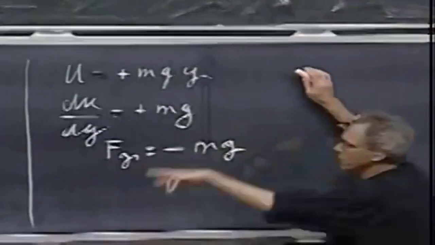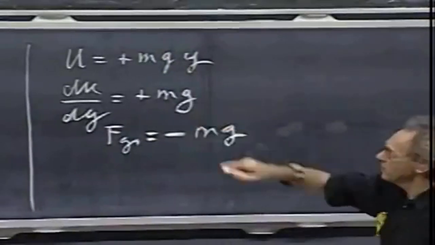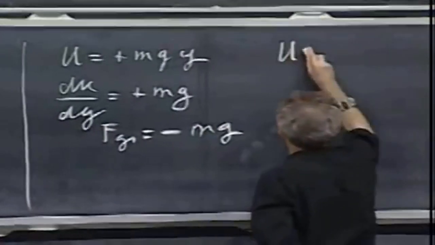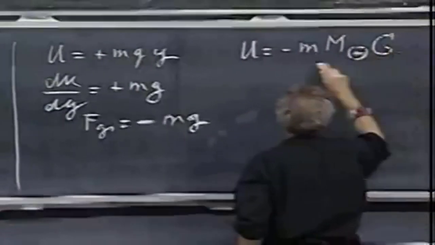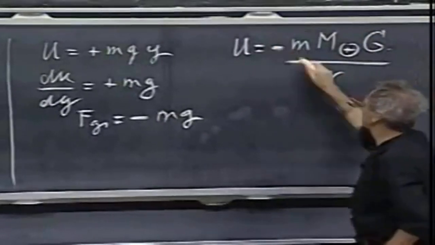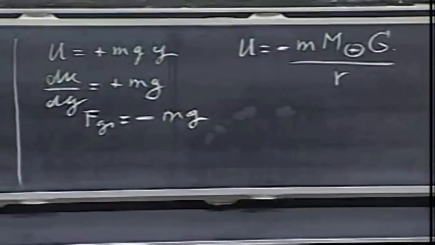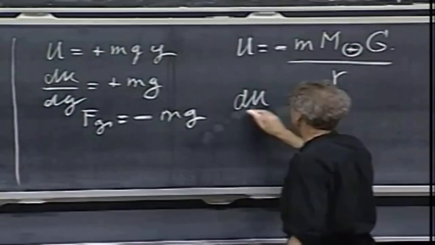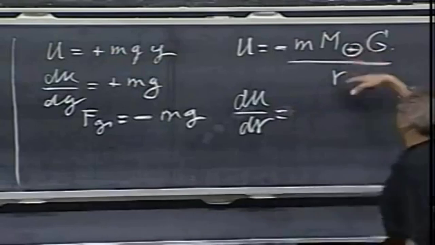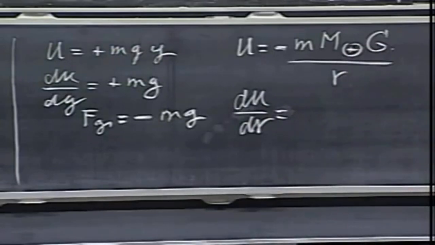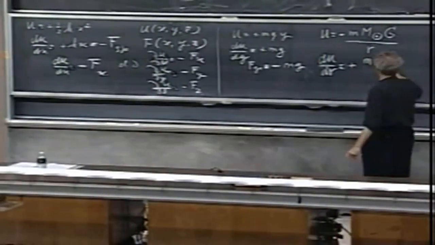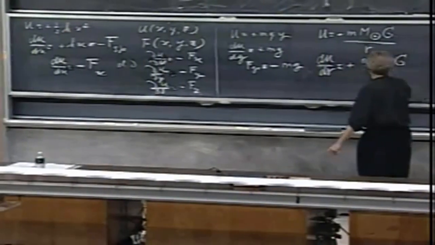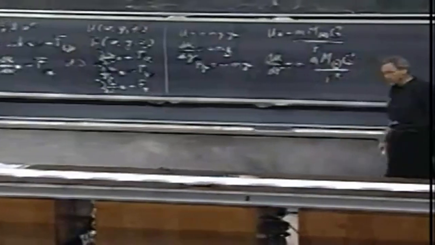Now we take the situation that we are not near Earth. We have U equals minus m Earth G divided by r. There's only an r here. So dU/dr: the derivative of 1 over r is minus 1 over r squared. The minus sign eats up this minus sign, so I get plus m Earth G divided by r squared.